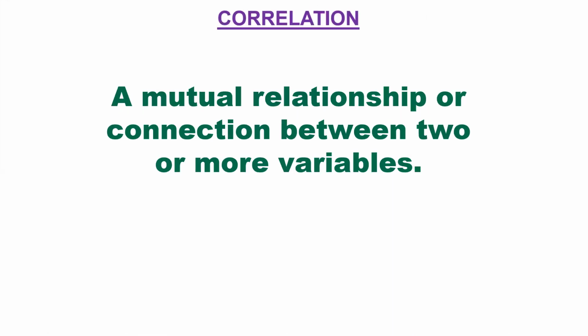A mutual relationship or connection between two or more variables. As I gave you the example, the unforgettable example, Ohm's law: voltage is correlated with current. So it's a mutual relationship. If you find a solid relation between two quantities, you call it correlation.